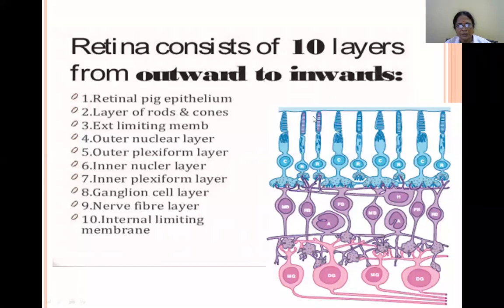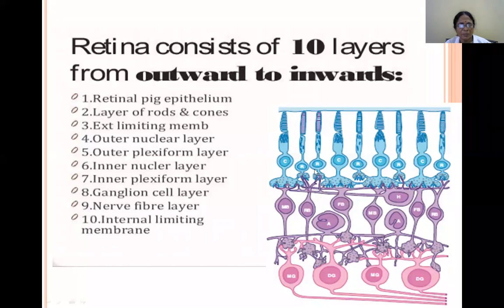The main layer is the layer of rods and cones. These are receptors of vision. The light travels and then the receptors are excited, stimulated. From here, the signals are sent to the outer plexiform layer.